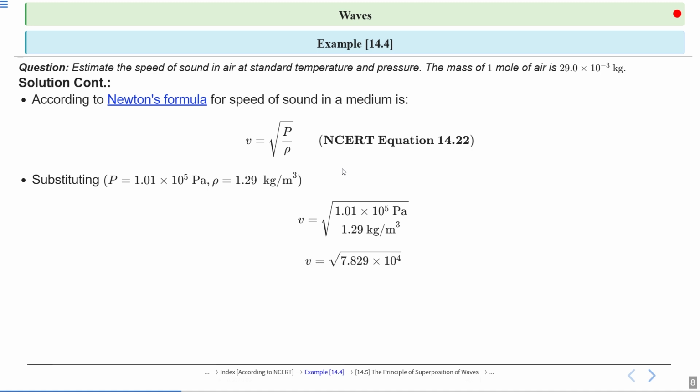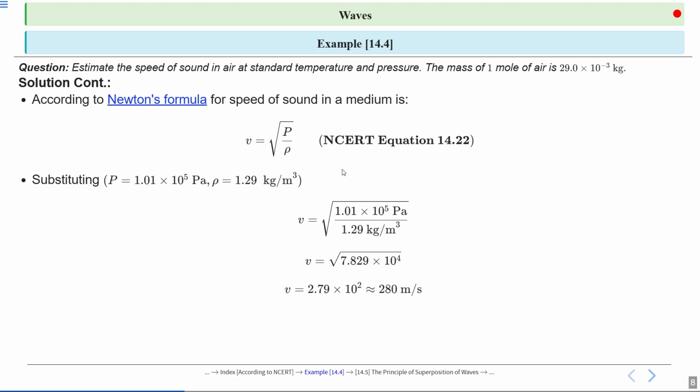When we carry out the division inside the square root, we get 7.829 into 10 raised to the power 4. Taking the square root gives us approximately 2.79 into 10 raised to the power 2, or about 280 meter per second.